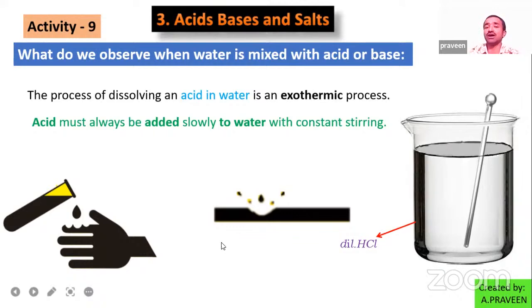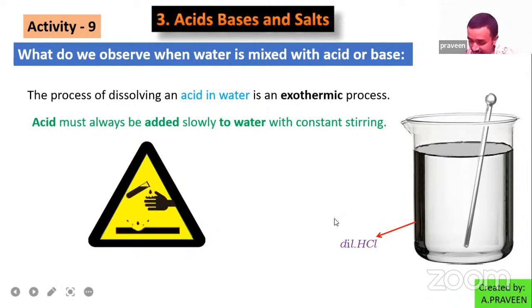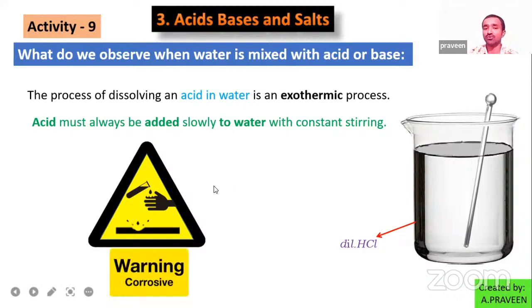That's why we get a symbol with a triangle filled with yellow. Inside, you can observe these symbols. What are they indicating to us? They indicate that the substance is corrosive in nature. Warning, corrosive. What does it mean? The symbol indicates that dropping of something on your hand or on a metal surface is corrosive in nature.